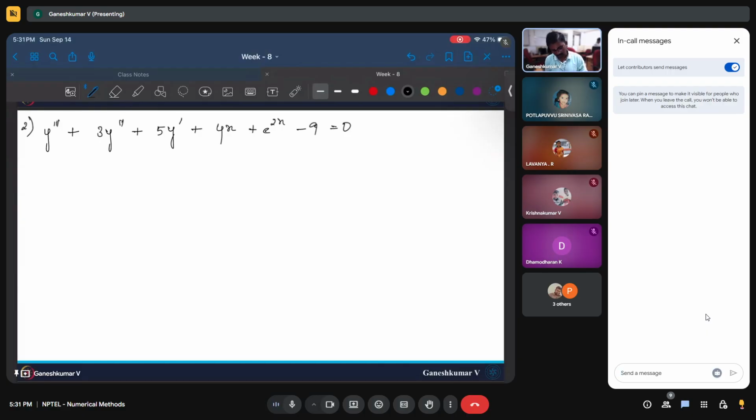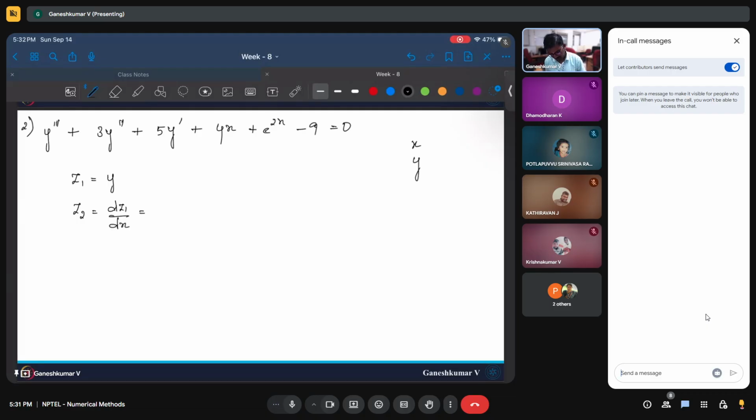Now solving this is going to be very difficult, so what people do is they convert it into a system of first order ODEs. How do we do it? Here your independent variable is x, your dependent variable is y. We can write z1 to be y, and z2 to be dz1 by dx.